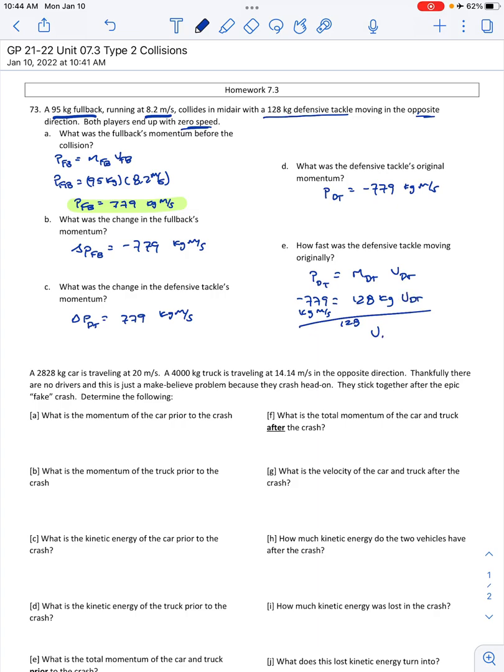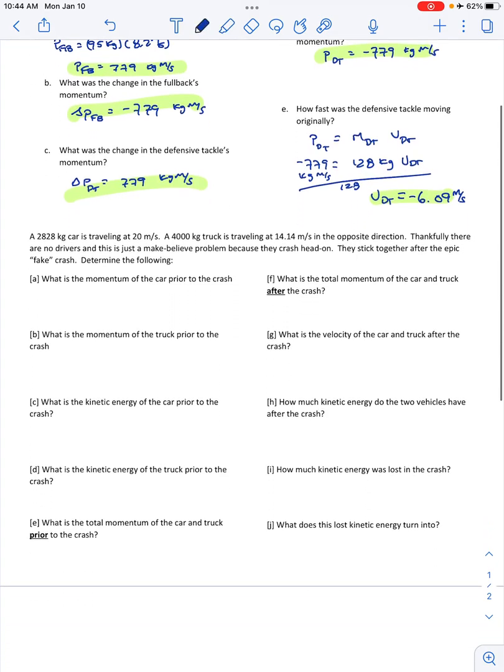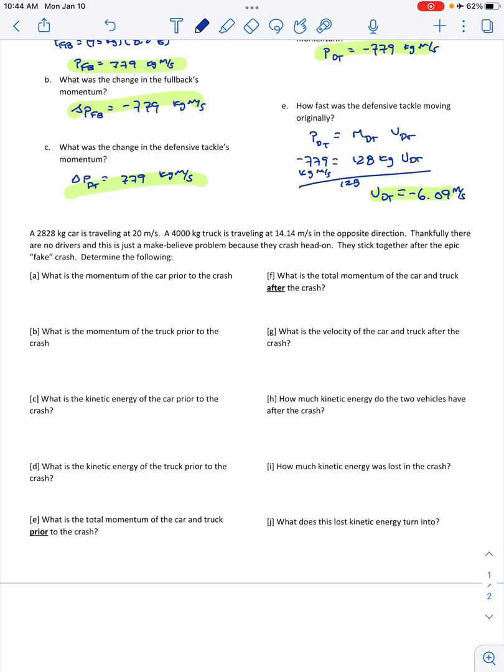The velocity of the defensive tackle should be negative 6.09 meters per second. Again, if you are looking at directionality, that just means he's going the wrong way. If you had all positives, you're also super good at that, okay?